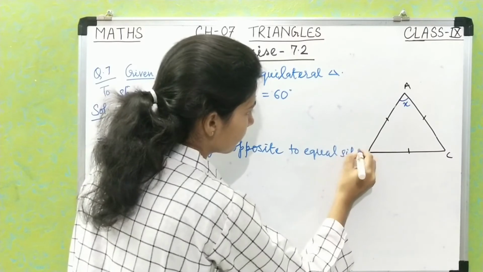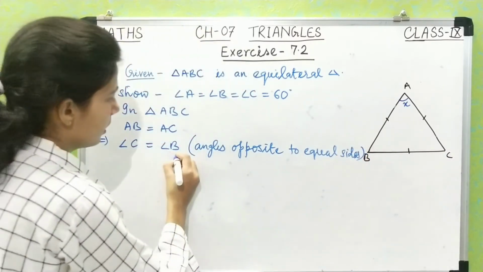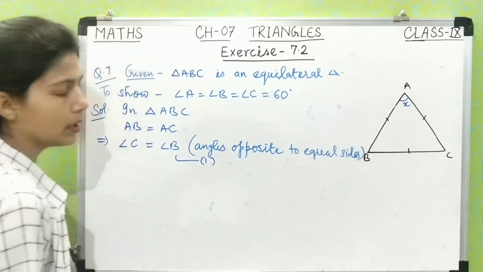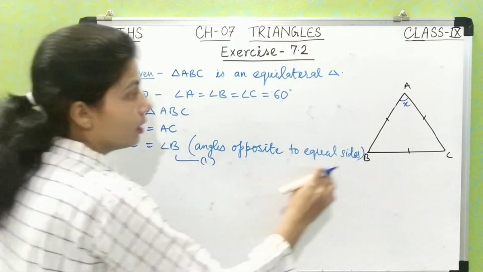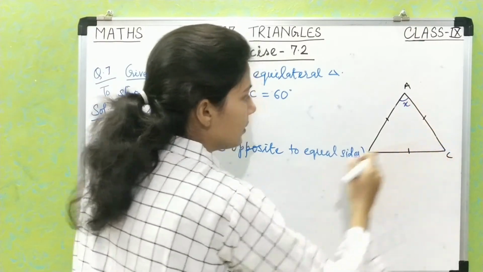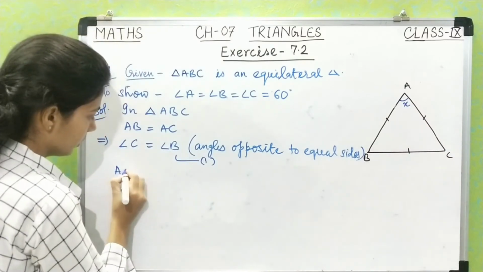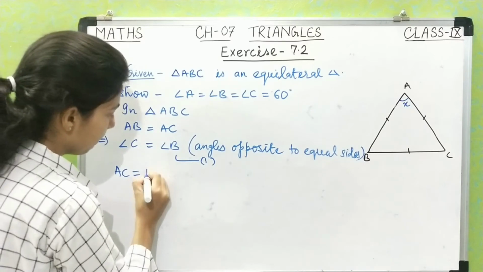Name this as equation number 1. Now consider these two sides, AC and BC. These sides are also equal: AC equals BC.